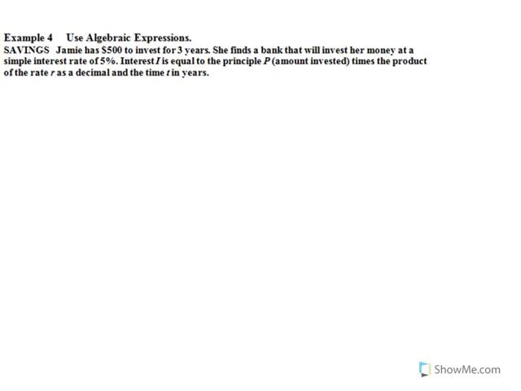Next, we have a word problem. So we have Jamie has $500 to invest for 3 years. She finds a bank that will invest her money at a simple interest rate of 5%. Interest I is equal. So here, seeing that we have equal and that we have here the keyword times or the product and things like that, we know that they are telling us what the equation is.